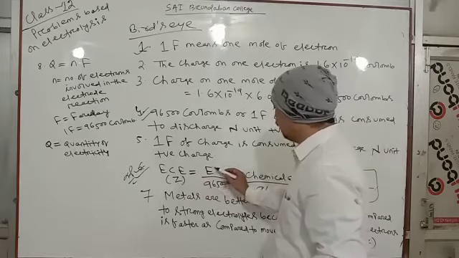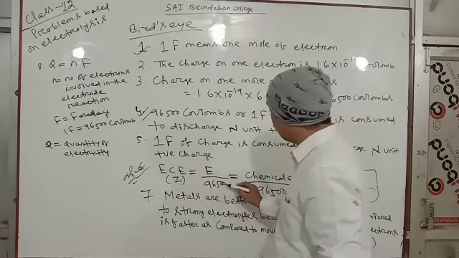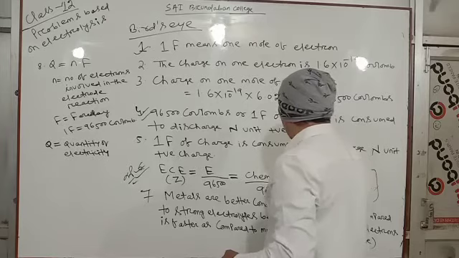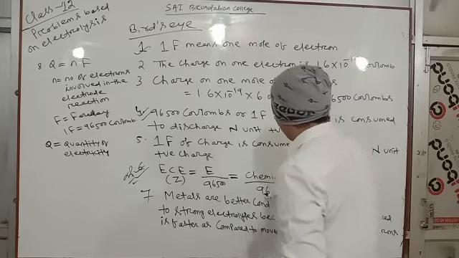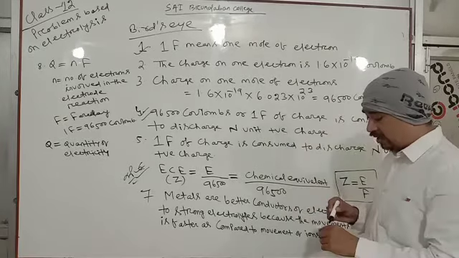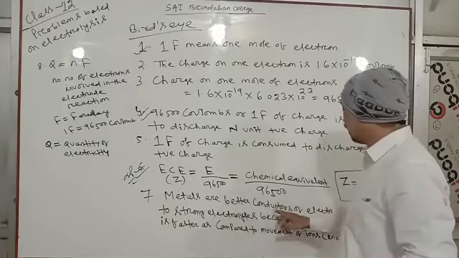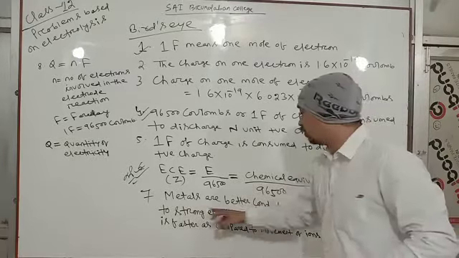EC equal to E by 96500 coulomb, or chemical equivalent by 96500 coulomb.